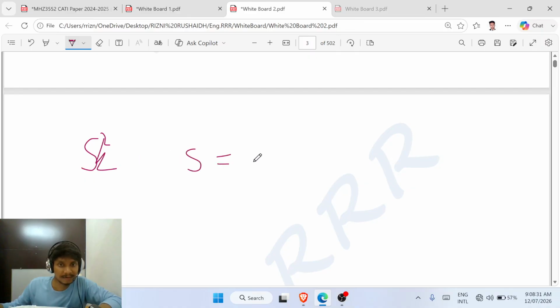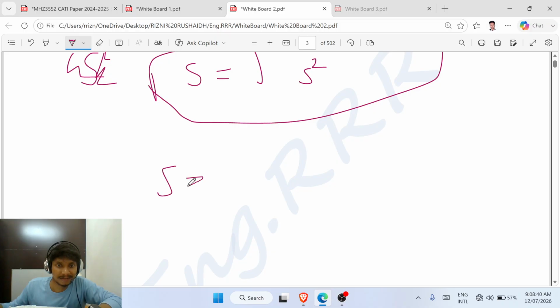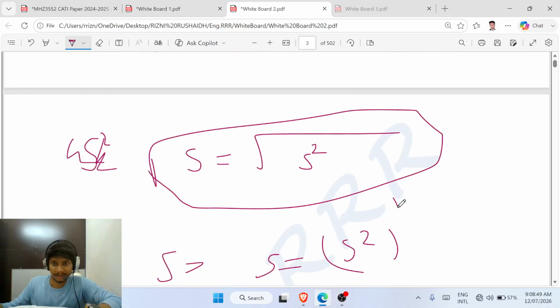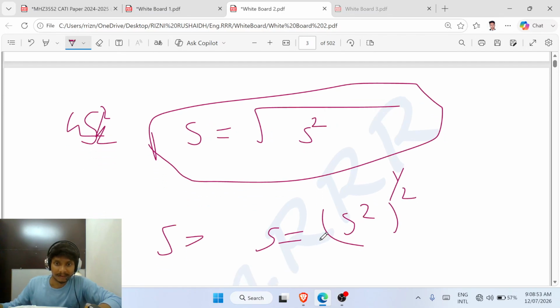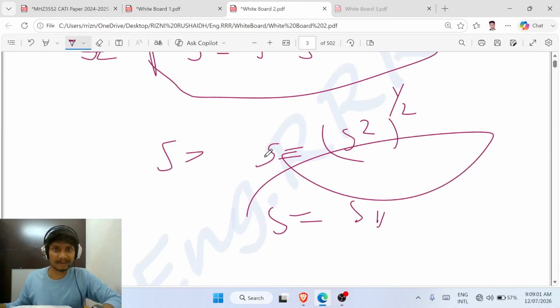S is equal to the root of S squared. Very simple, right? We can write the root as power 1 by 2, so 2 into half is 1. Just general knowledge.